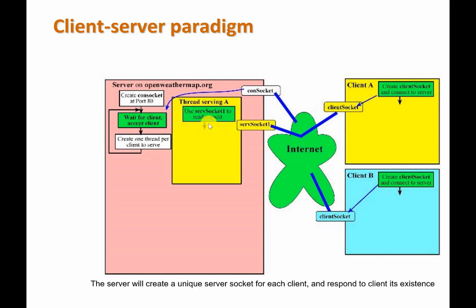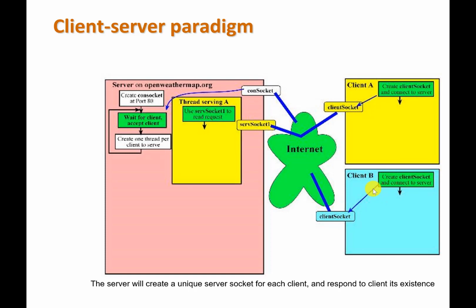For every client attaching to this server, there's a separate server thread to deal with it, and a separate server socket. Like I said, TCP is connected. This client socket is attached to that server socket, and no other sockets on the internet have such a connection. So this is a unique connection between the server and my client.